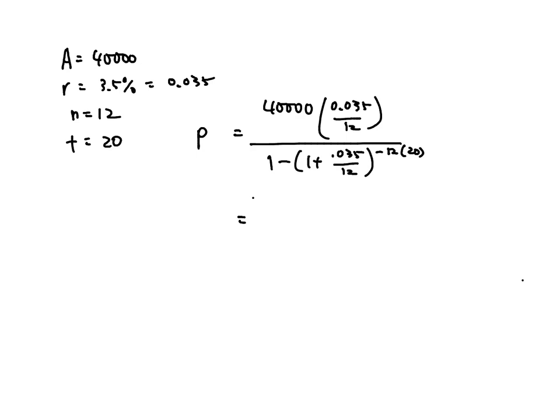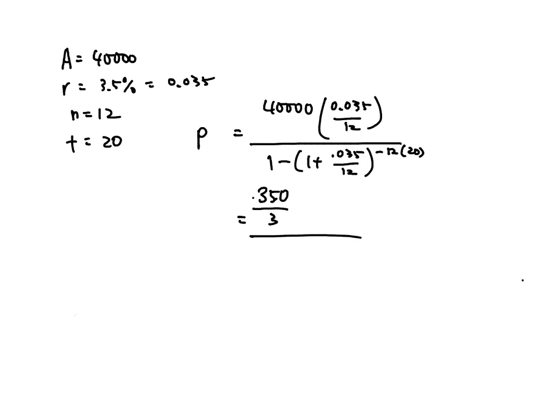Alright, so again, calculator, let's see what we have. 40,000 on the top, 40,000 times 0.035 divided by 12. So you get something that's not as nice, so I'm just going to keep it as 350 over 3. If you have a graphing calculator, they have a fraction function.